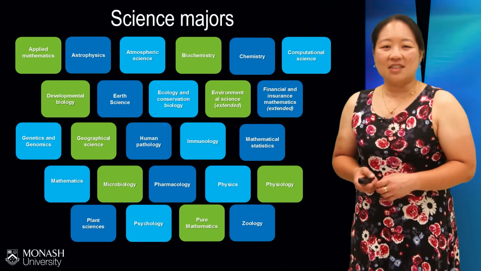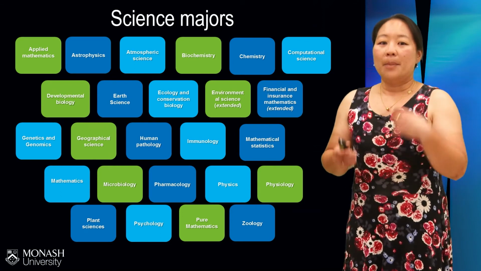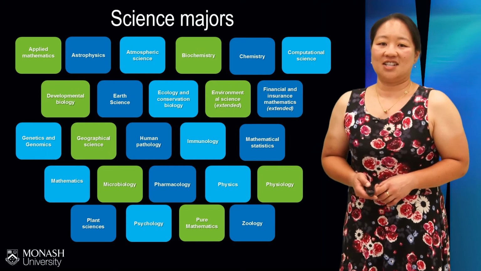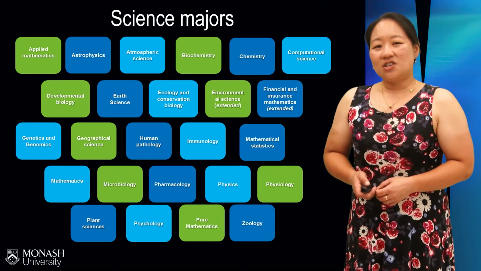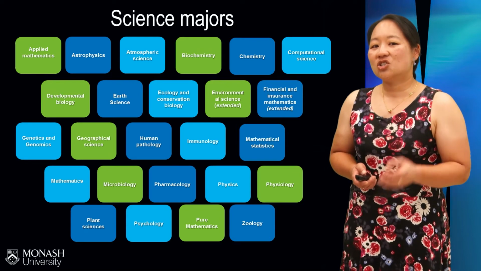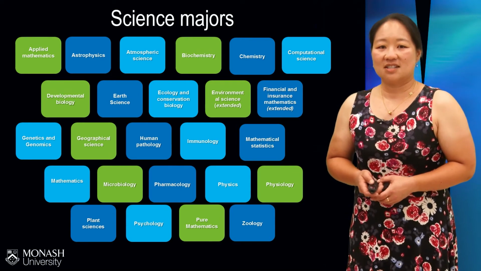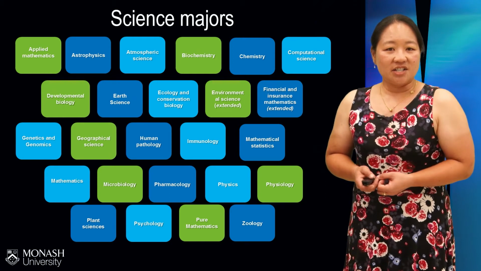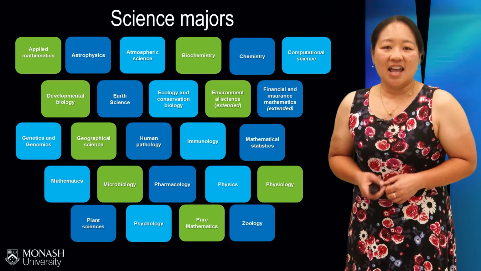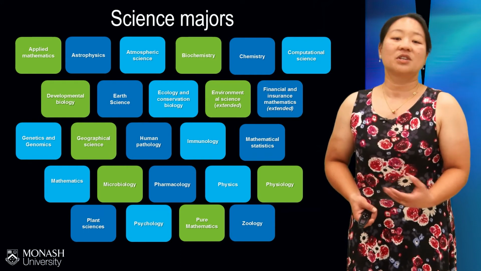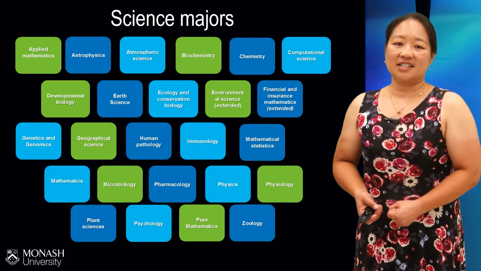You can select what you think you want to major in, but you can also change your mind prior to re-enrolling in your second year. If you change your mind though, please make sure that you update your nomination in your re-enrolment process. Some majors require math supporting studies, and these include astrophysics, atmospheric science, computational science, and physics.